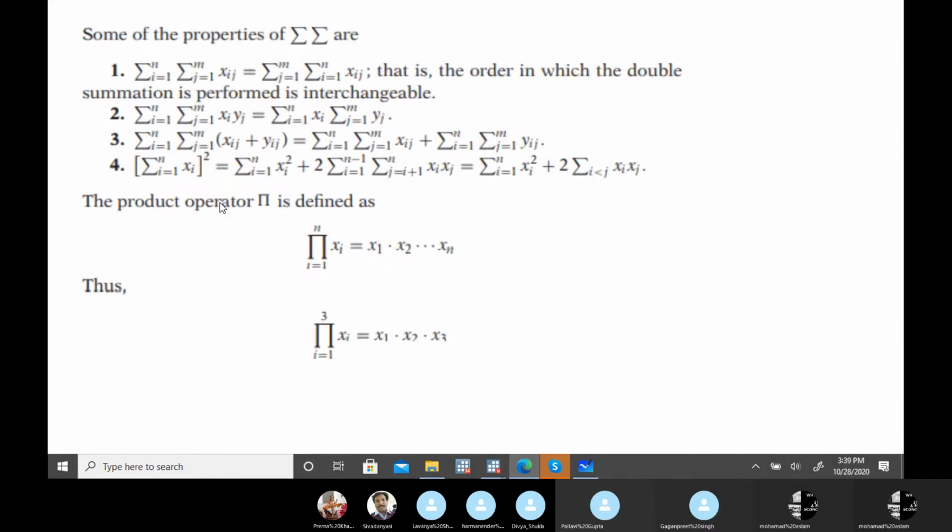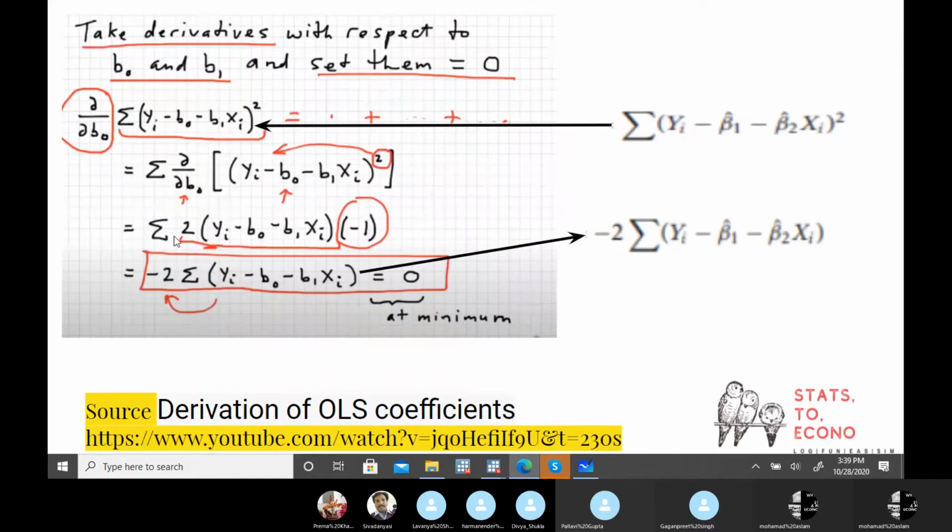We are using this property while we are opening the brackets. We keep constants outside and other variables inside the bracket with the summation, and it's equal to 0 because this is the first order condition of the minima.